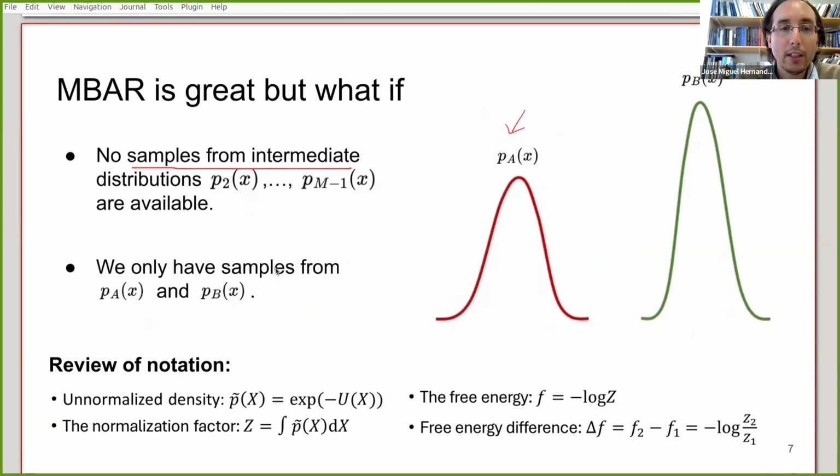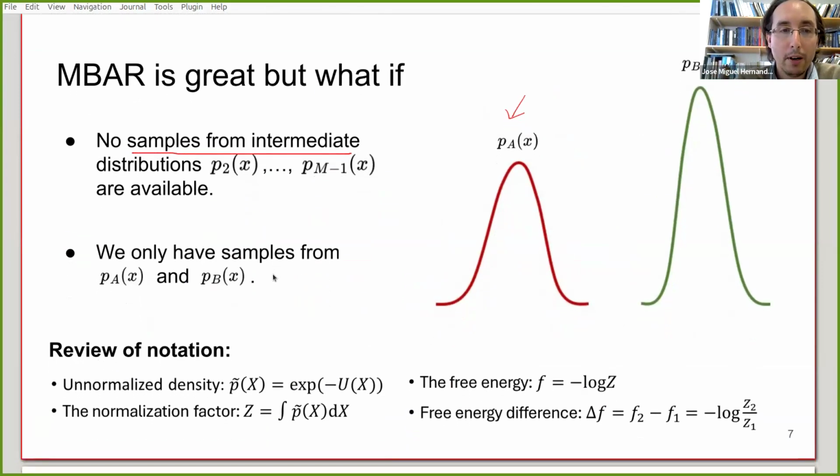Okay, so just some introduction to some notation that I'm going to be using later on. We are going to have now these probability distributions that are exponential of minus the energy, and they are not normalized, and that's denoted with this tilde symbol here.